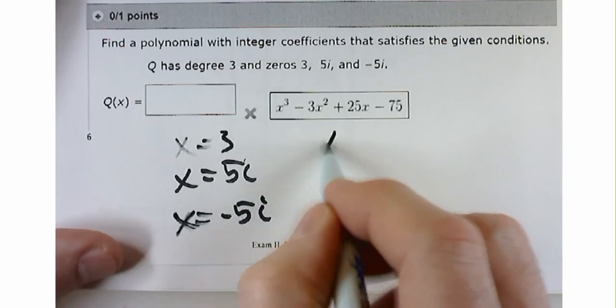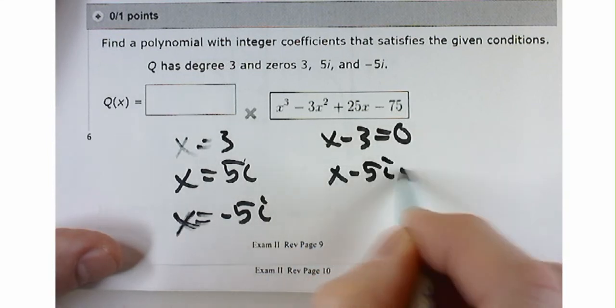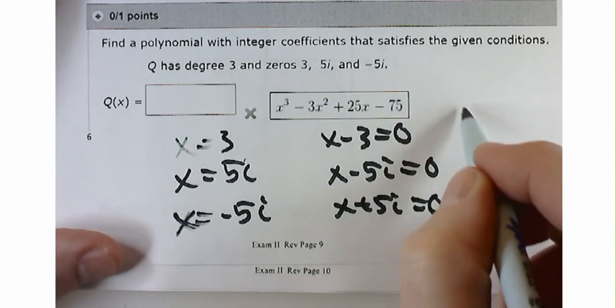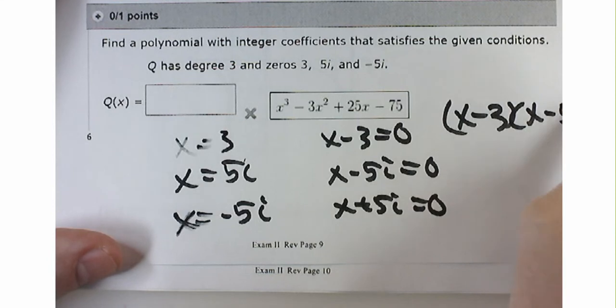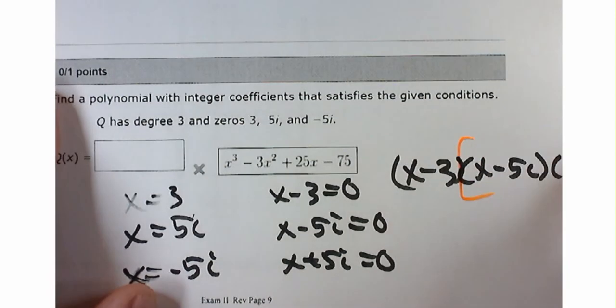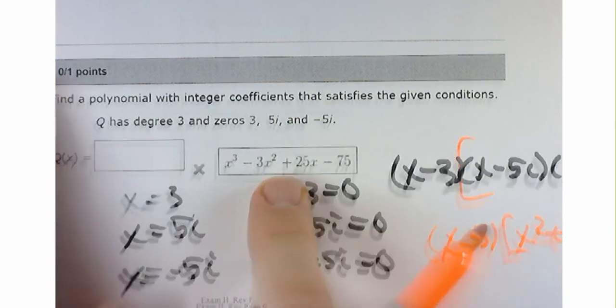And then you'd find your polynomial by moving these things to the other side, and then multiply these together: x minus 3, x minus 5i, and x plus 5i. I would suggest you do the complex parts first. You'll end up with x minus 3 times x squared plus 25, and then that will be your final answer when you're all done with that one.